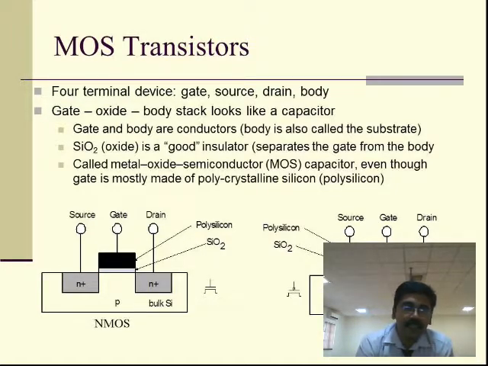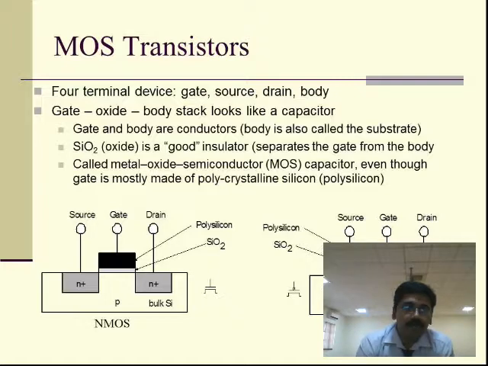If we make a potential difference between drain and source, there will be a flow of carriers from source to drain, and so there will be current flow between drain and source. That current is called IDS.